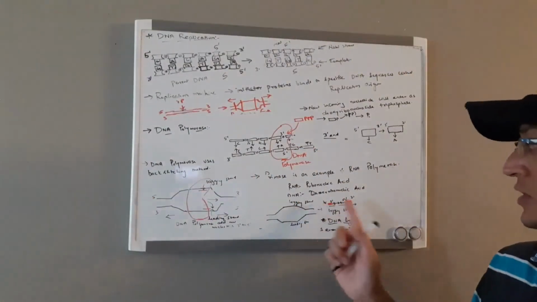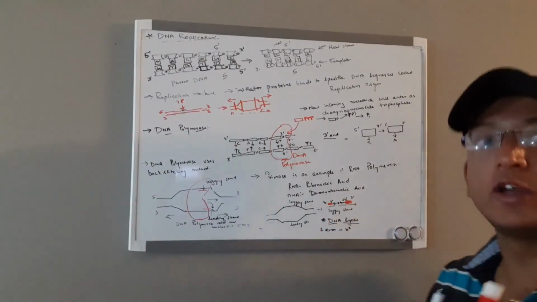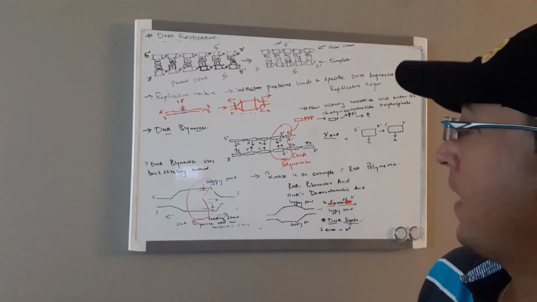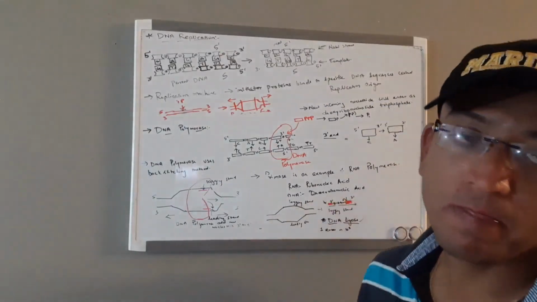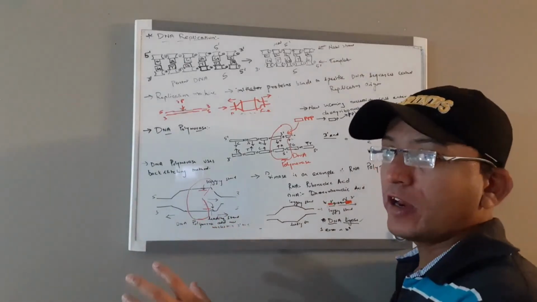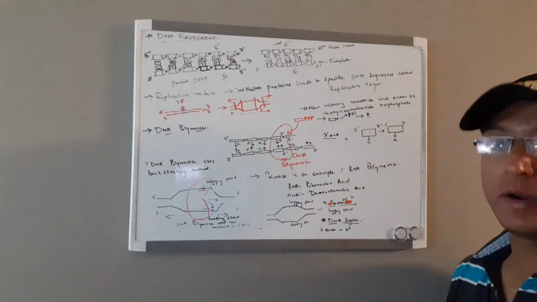Then these two separate DNAs are joined together by DNA ligase, and this is how it becomes continuous. All right, so that was the DNA replication, but how does the process start with the RNA primer?